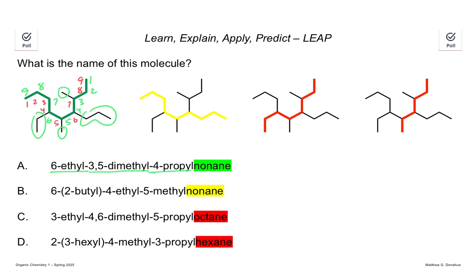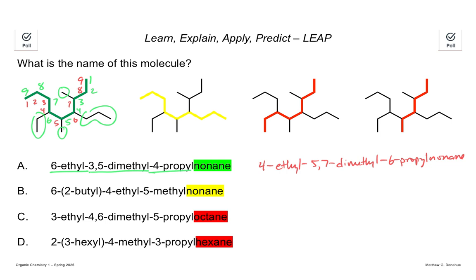If we numbered it the other way, what would that be? So 4-ethyl, 5,7-dimethyl, 6-propyl, nonane.